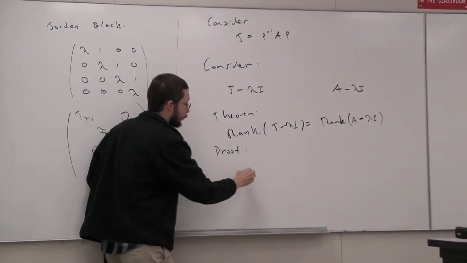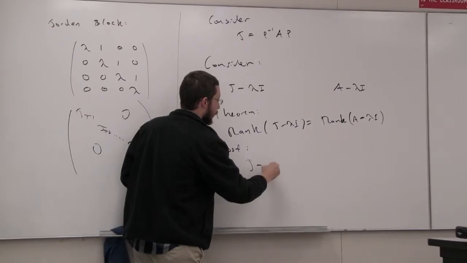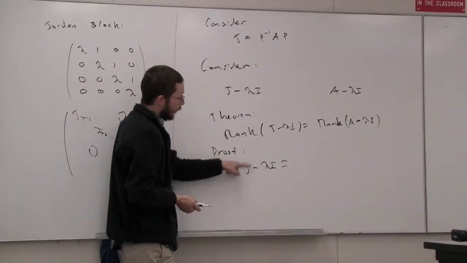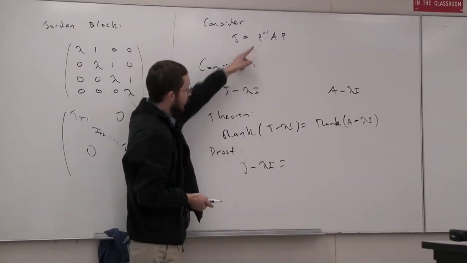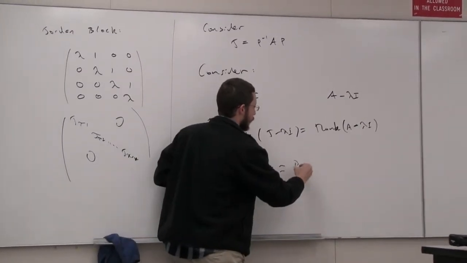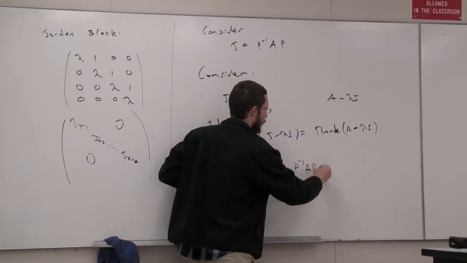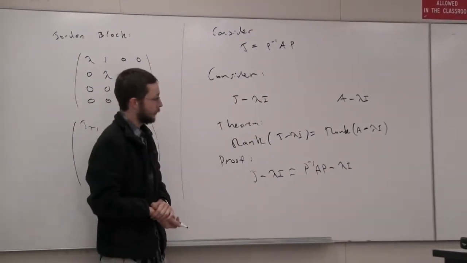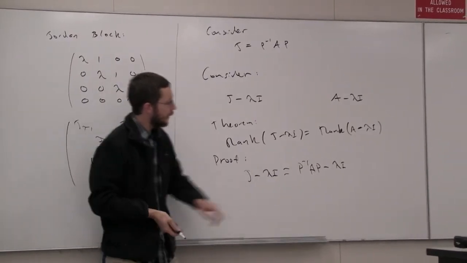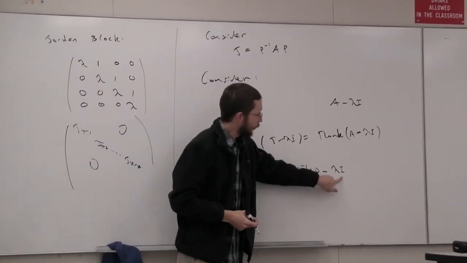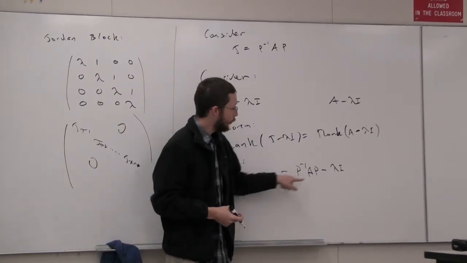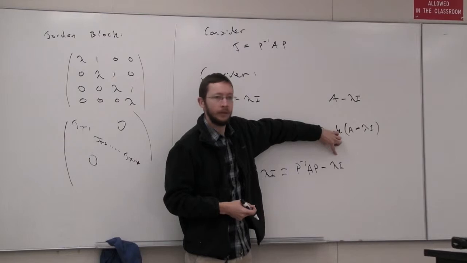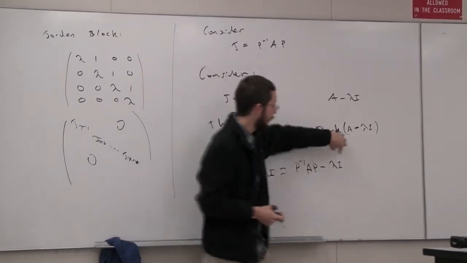by noting that J minus lambda I can be thought of as, we know J is P inverse AP, so J can be thought of as P inverse AP minus lambda I. This matrix here secretly has two copies of P, this P inverse and P. It has those items hiding right here.